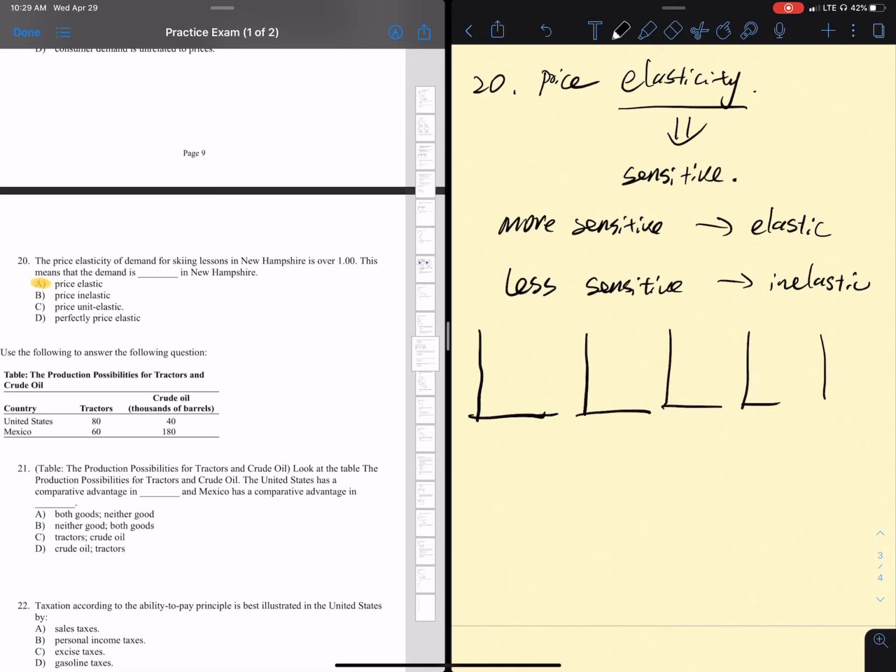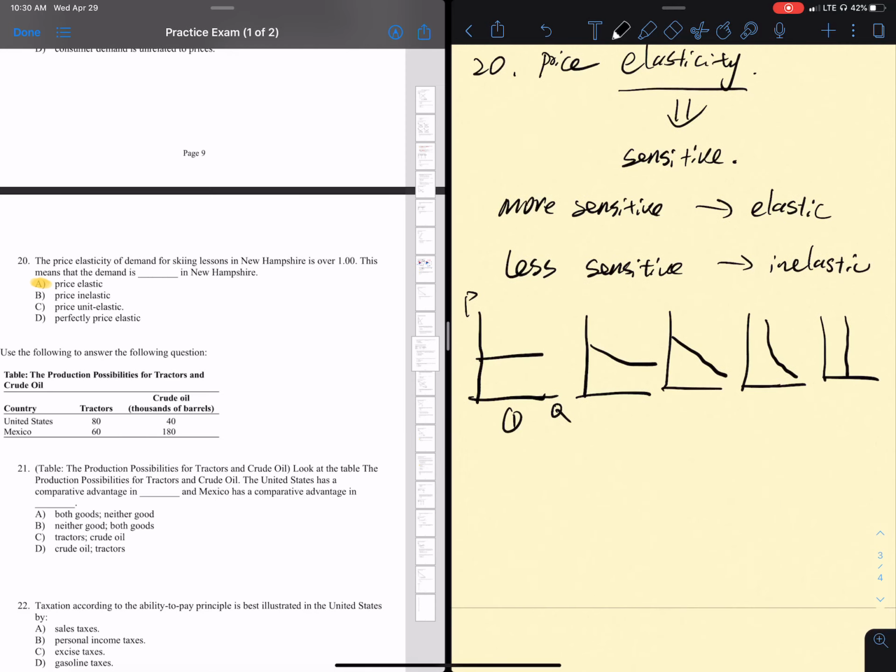Typically you can just use this graph to memorize. You can start from here, and they all have the Q and P here. So what does the first one, number one, tell you? It doesn't matter what kind of price you charge. If you go just 1 penny more or 1 penny less, I'm not buying it.